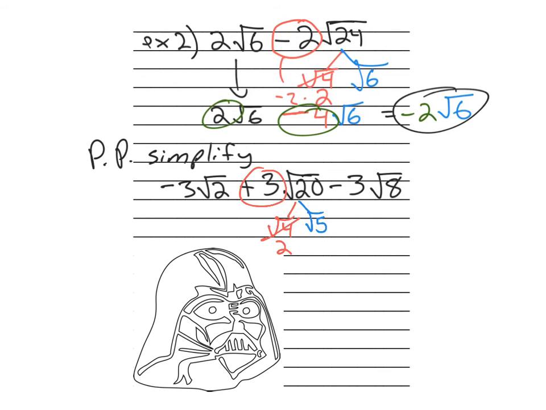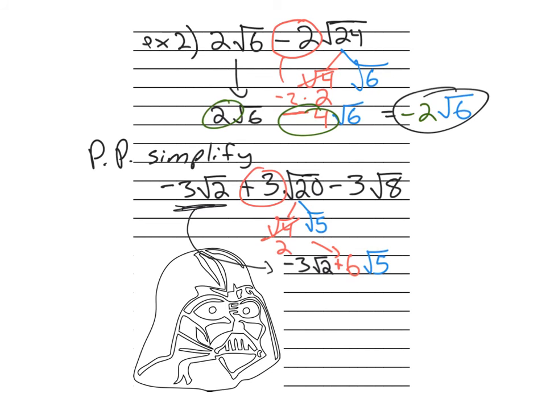So that middle term becomes 3 times 2 is 6, 6 root 5. I'm going to write this down here. I couldn't simplify this one, so go ahead and put that down here. So negative 3 root 2 plus 6 root 5. I can't combine those. They're not like terms. But maybe this one will give me one.